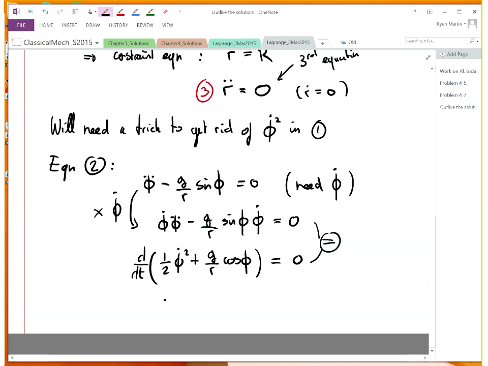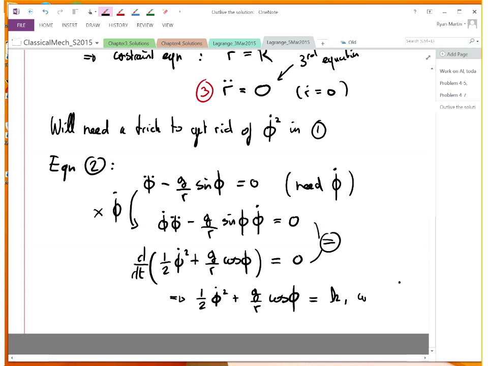Okay. So now the next step, you have d by dt of this thing equals 0. Well, when d by dt of something equals 0, that thing is constant in time. That's what that means, right? So that means that a half phi dot squared plus G over R cos phi is a constant.